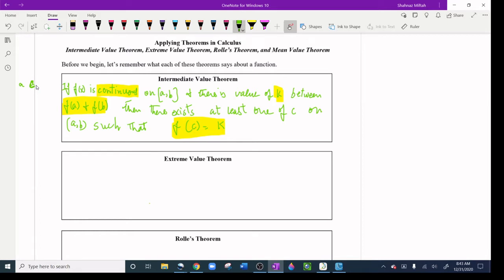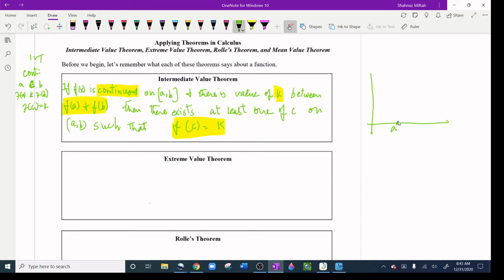That's the intermediate value theorem. Now, how the diagram for this goes, for example, this is A and that's B, and we just draw a graph that goes like this. So if this is A and B, then I have a C between them.